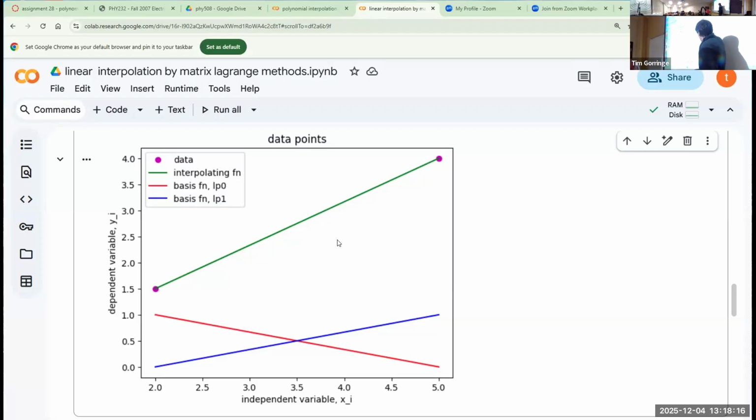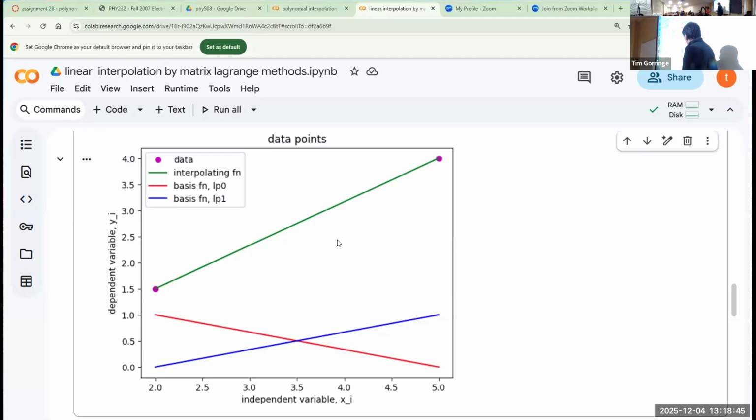And so this green interpolating polynomial is just the sum of these two polynomials weighted by the y values at the two data points. We weight the red line, the 0 Lagrange basis function, by the y value 1.5.